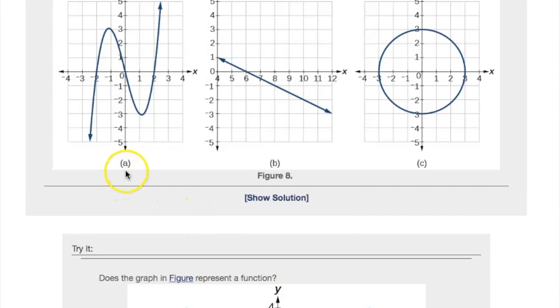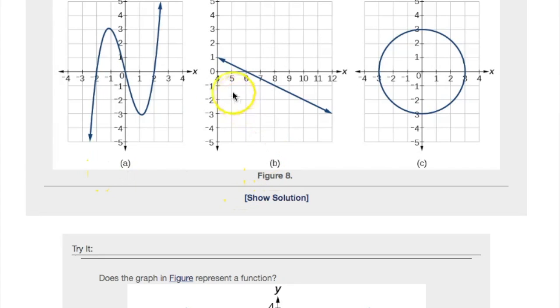So if we go to this graph here in A, and draw a horizontal line through it, it's going to hit the graph here, here, and here. So A does not represent a one-to-one function.